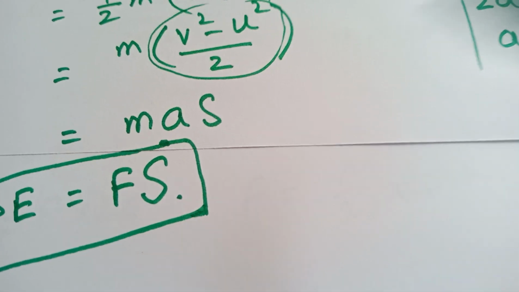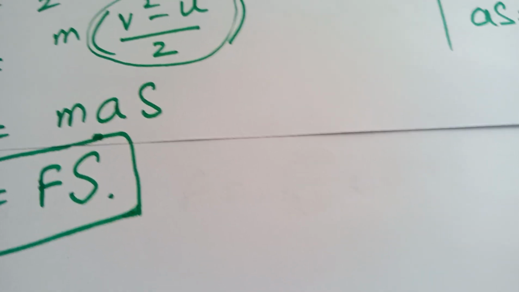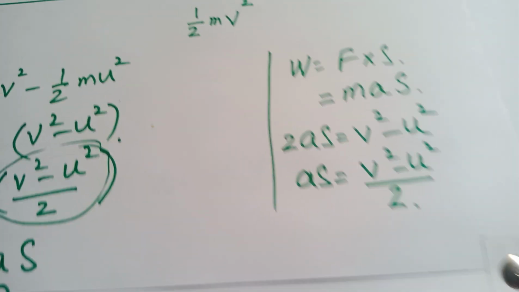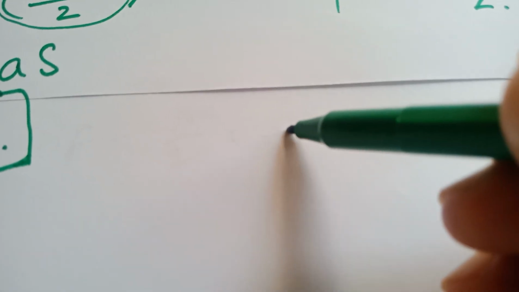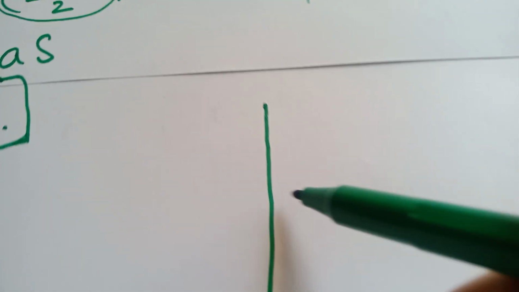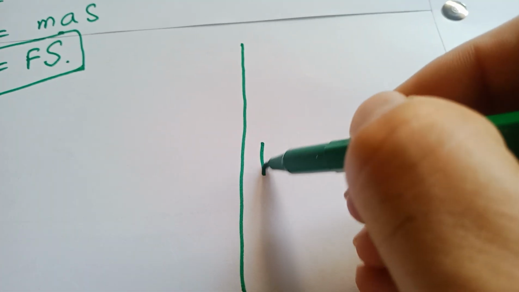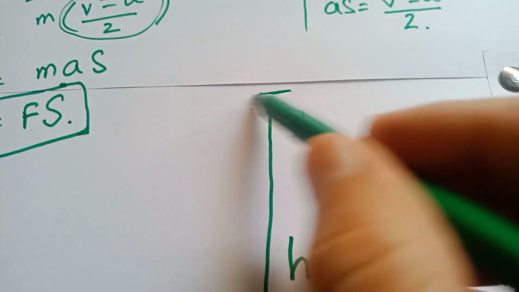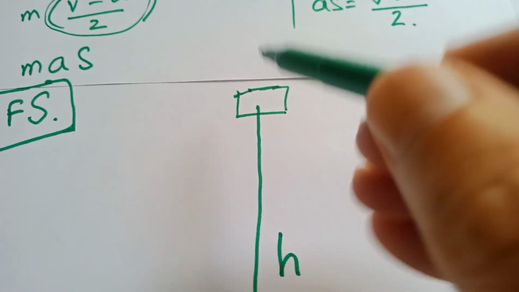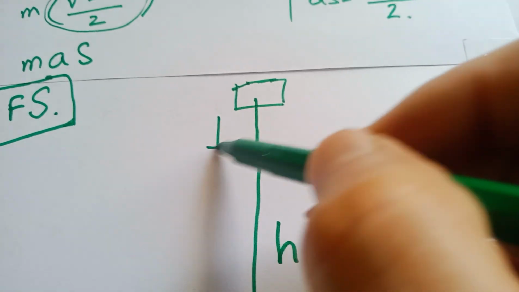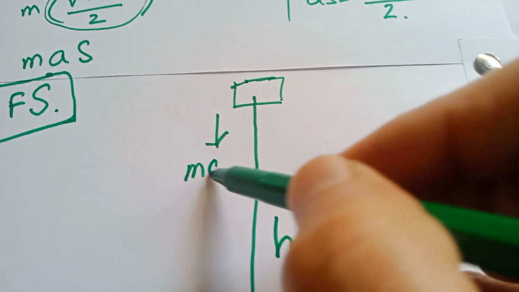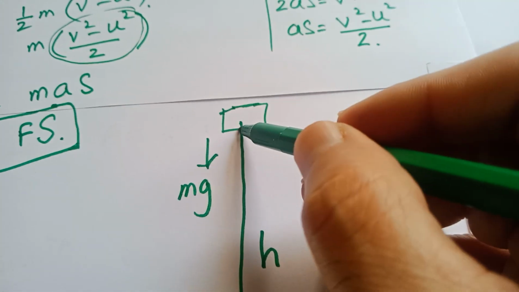Now let me tell you how this energy is related to the potential energy. Suppose you have an object at a certain height over here, this is h. Now this has got some mass, and that mass is changed into weight, which we call mg.